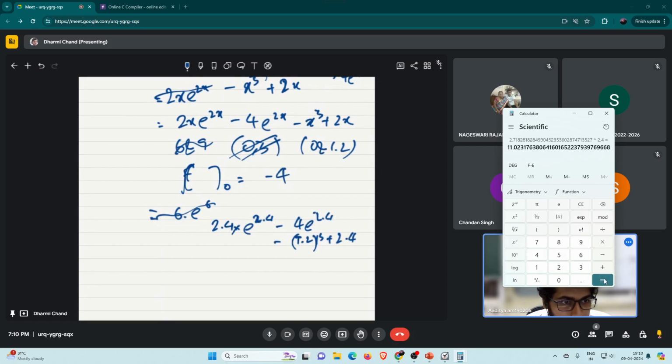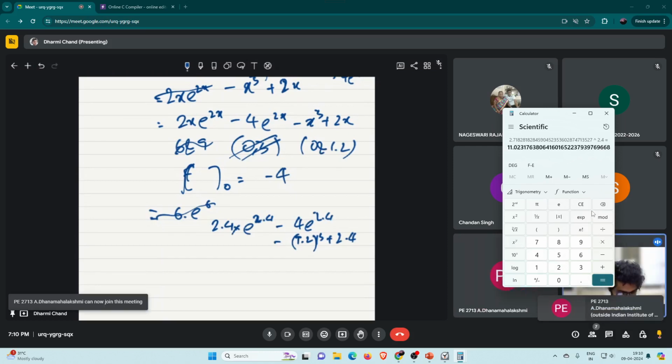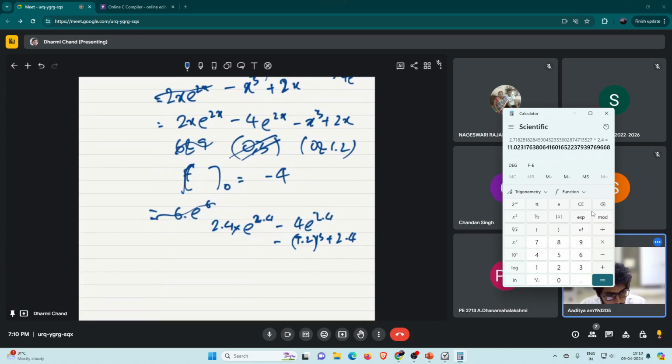It is 11.023. Into 1.6, 17.637. So I have minus 17.637 plus 2.4.